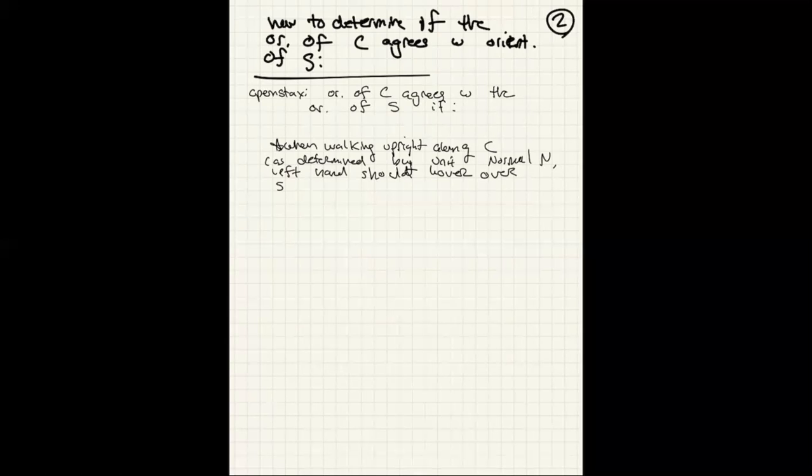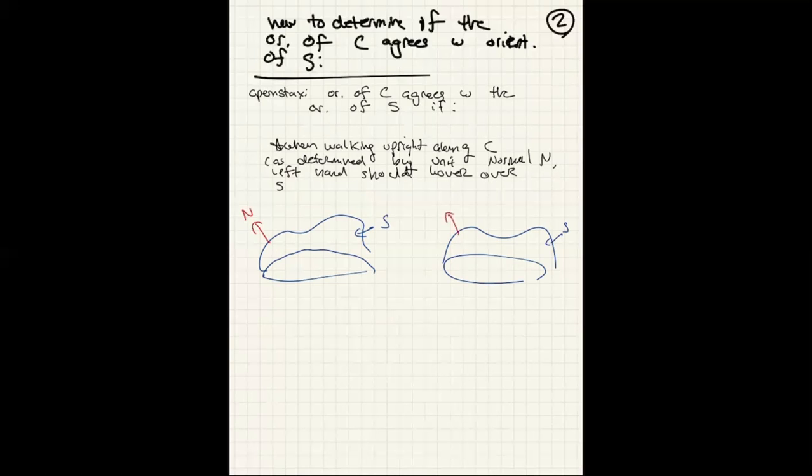Okay, so I'll draw a picture of an agreeing situation and a non-agreeing situation. So I've got two surfaces. Well, really, here's S, here's my normal vector N, and I'll have a curve.